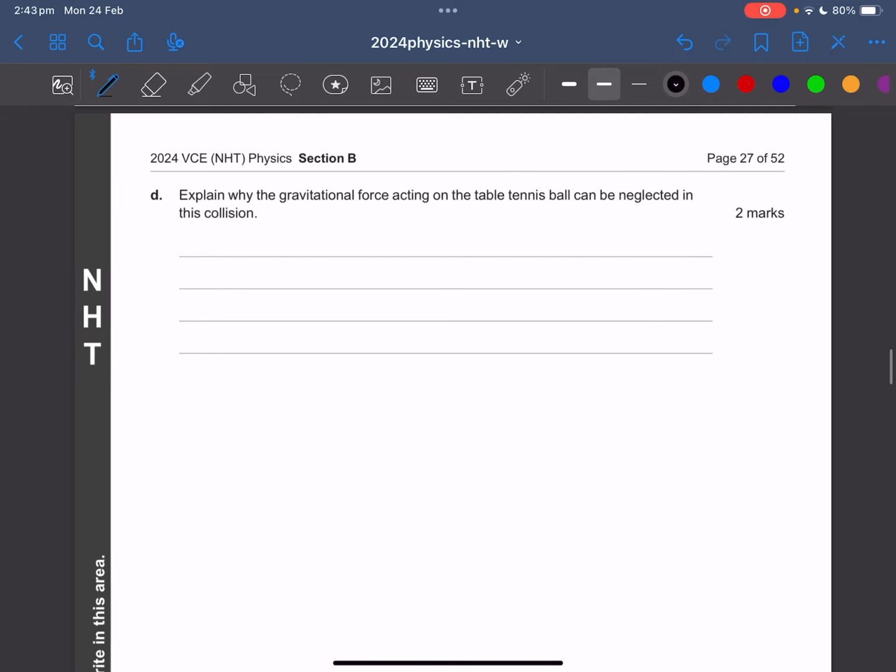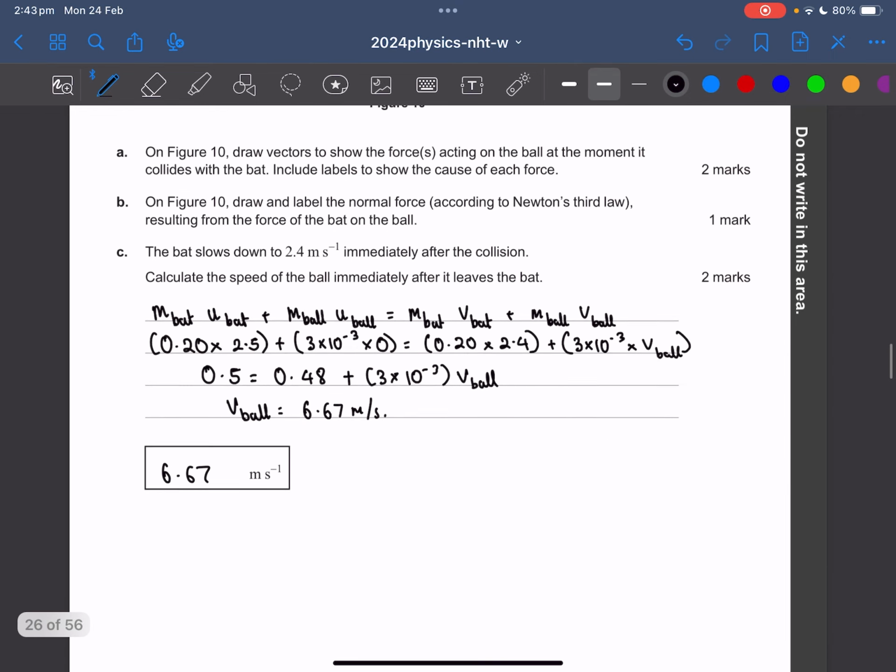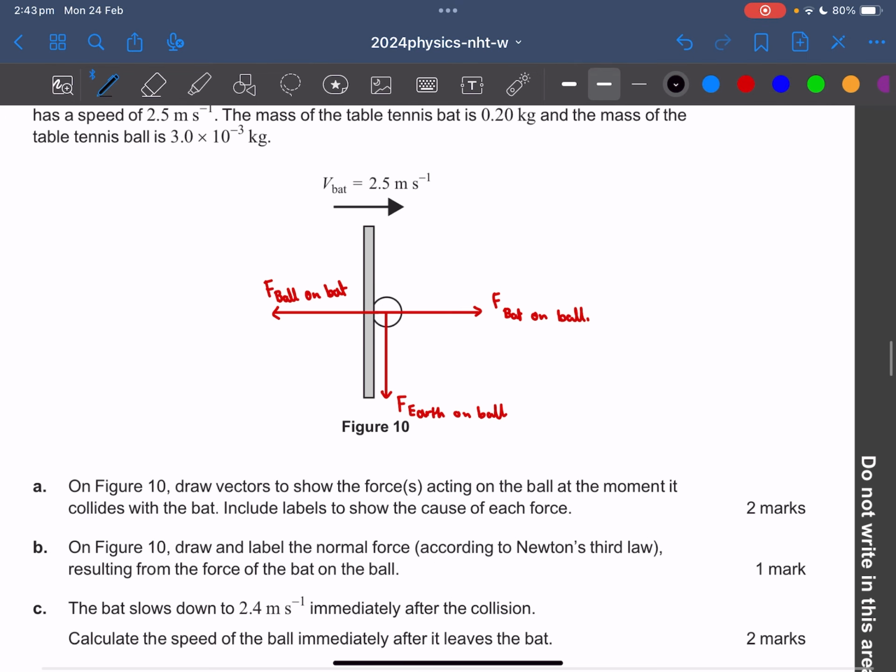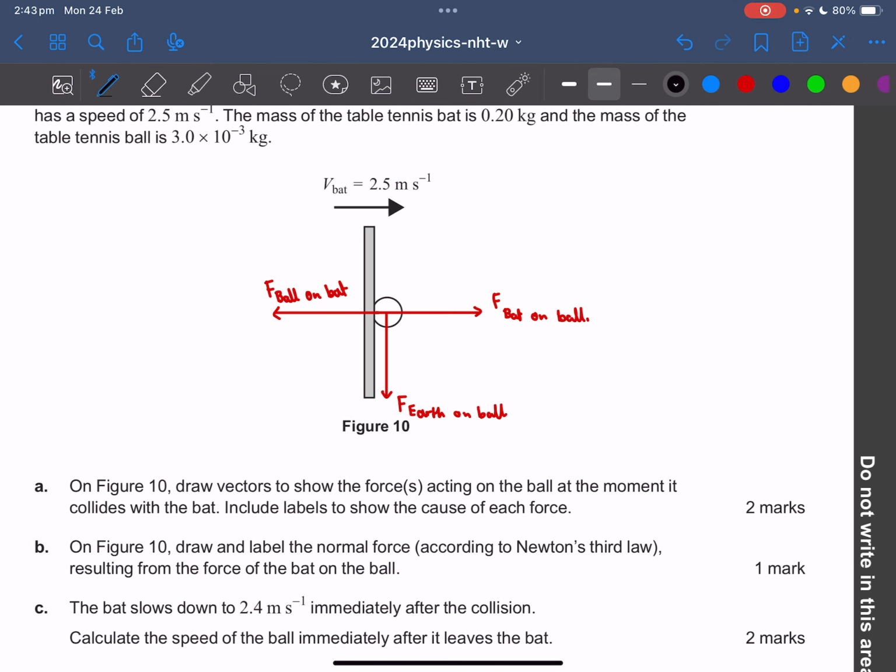Okay, very well. So I guess the gravitational force compared to the force exerted by the bat is going to be quite minute, right? The gravitational force is going to be quite small compared to the force that is exerted on the ball by the bat.